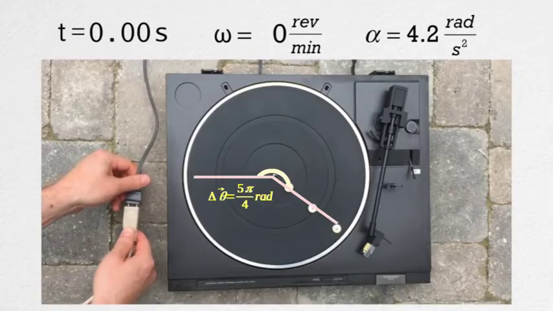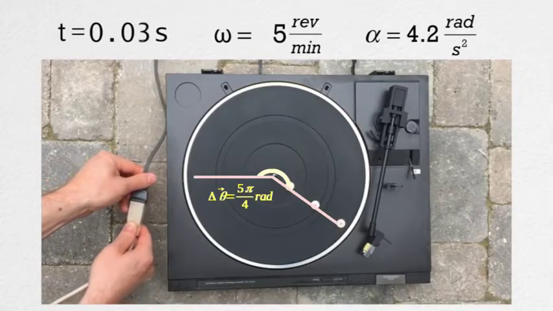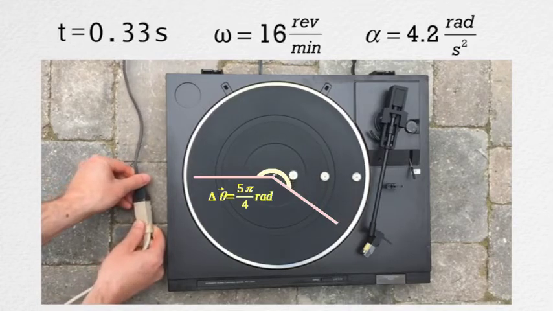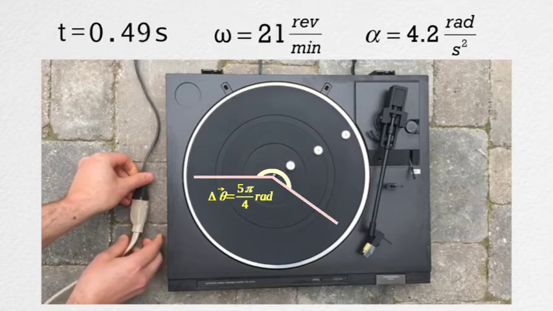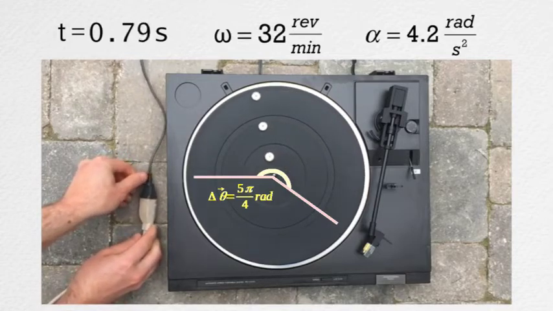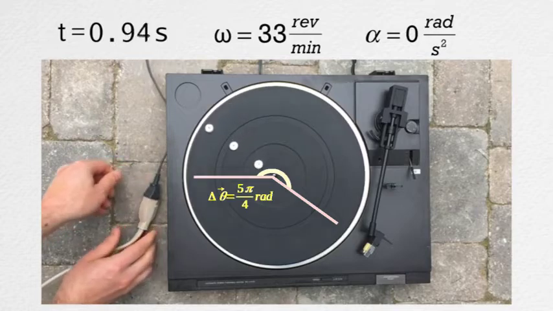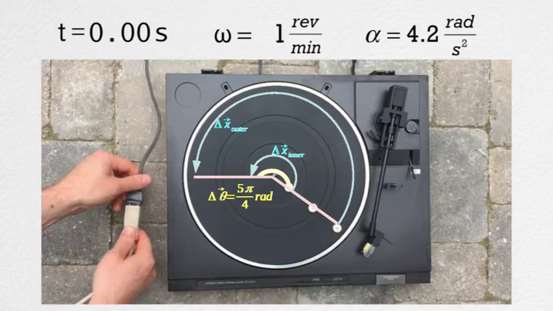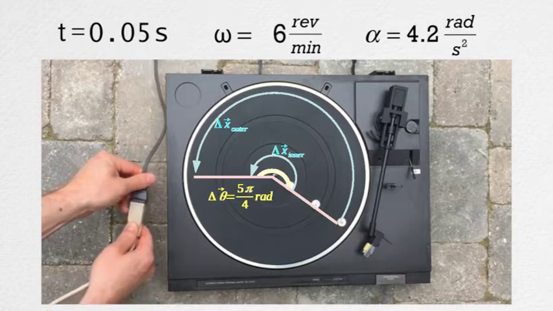We should point out an important subtlety in rotation. Look at this situation closely. All three stickers experience the same angular displacement, positive 5 pi over 4 k hat radians, as we saw before. But if you draw out the path that each marker took, you notice something odd.